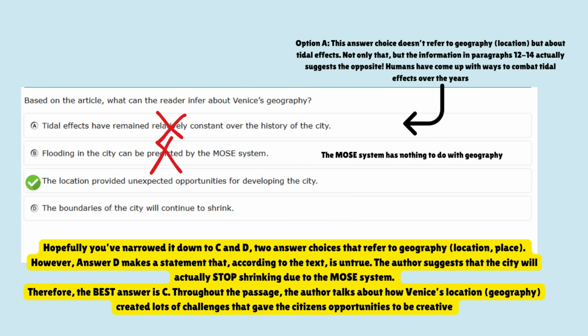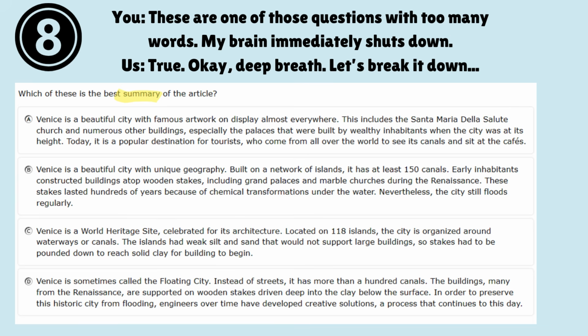Throughout the passage, the author talks about how Venice's location, geography, created lots of challenges that gave citizens opportunities to be creative. All right, so now we are on our last question of this text set based on this passage about Venice, but we're going to spend a little bit more time on this question than the other ones, and here's why.